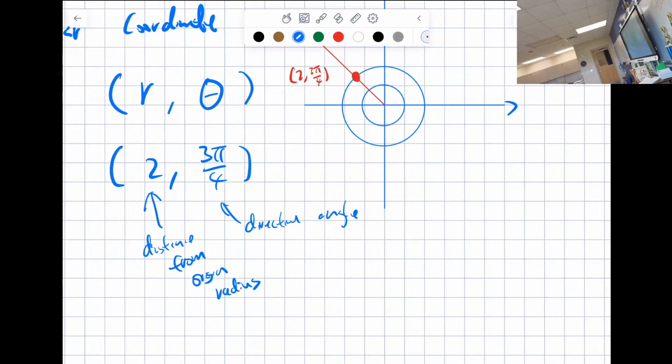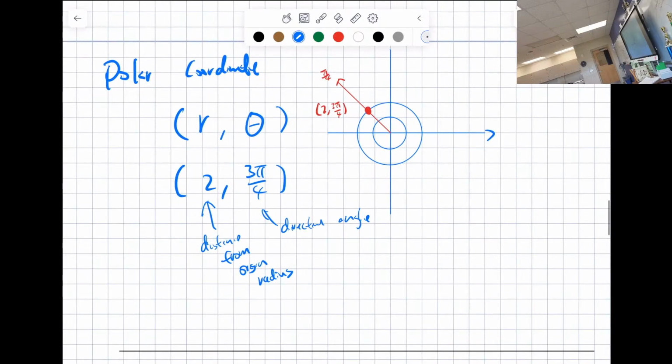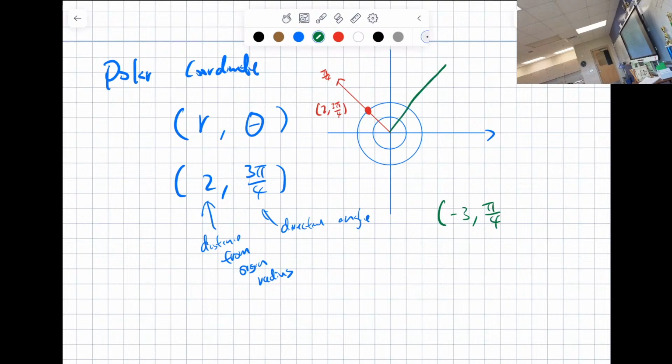In this case, let's say I have a second point, a green point. Let's say I have (-3, π/4). Again, π/4 is right here, right? But instead of looking at a positive 3 units, the third ring here, you might think it's the third ring here, but it's not, because negative gives you the opposite.